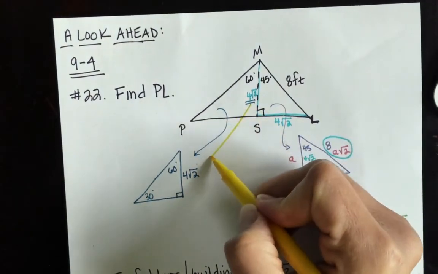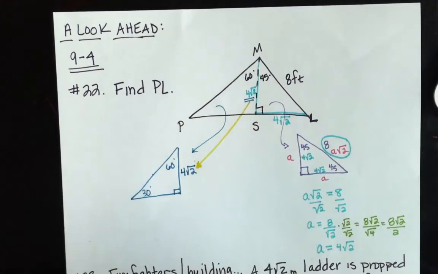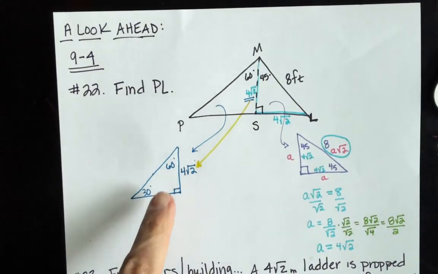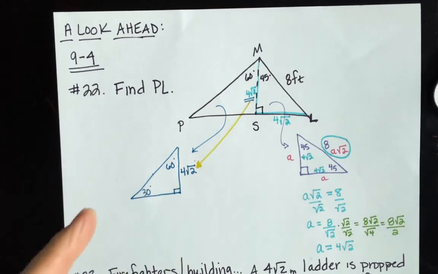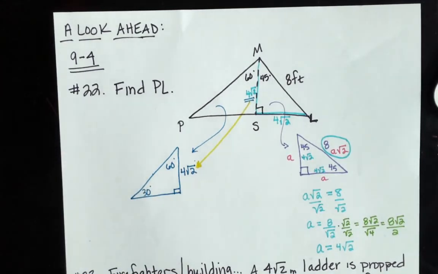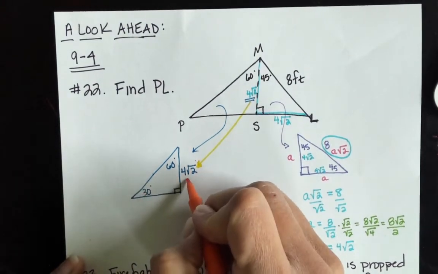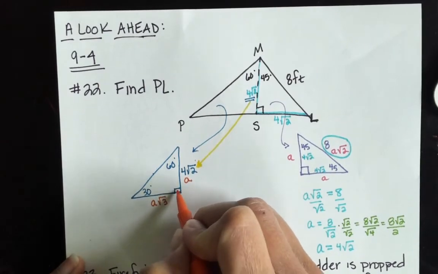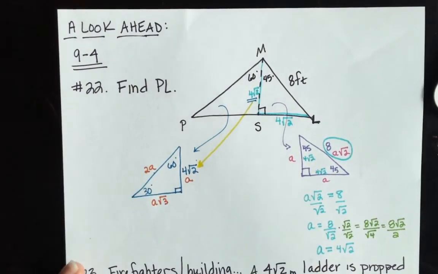So that 4 radical 2 is still right there. Now that I know it's a 30, 60, 90, my formula is going to change. We are going to use a different formula in this. We know opposite the 30 is A, opposite the 60 is A radical 3, and opposite the 90 is 2A.